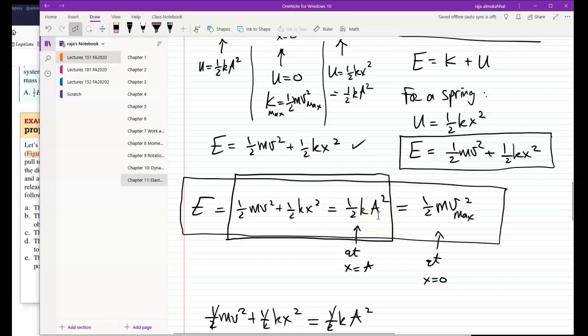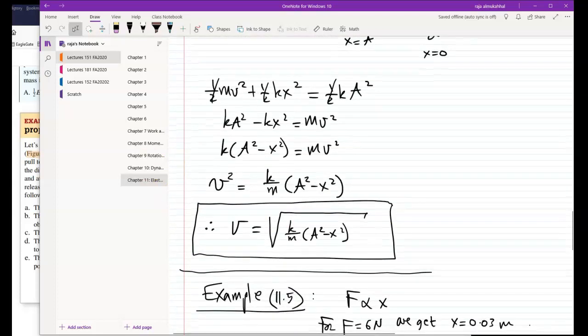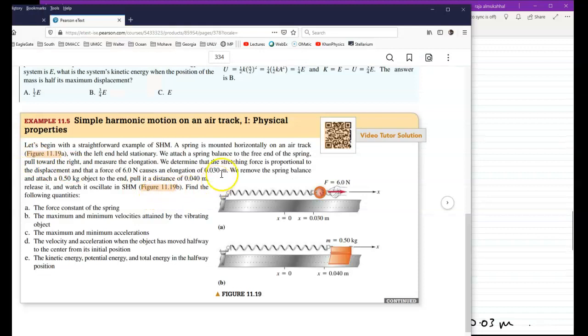Did he give us the maximum displacement? Yes, he did. Let's read the problem again. He says, we remove the spring balance and attach it to a 1/2 kilogram object, and we pull it a distance 0.04. There it is. And then let go. Release it.